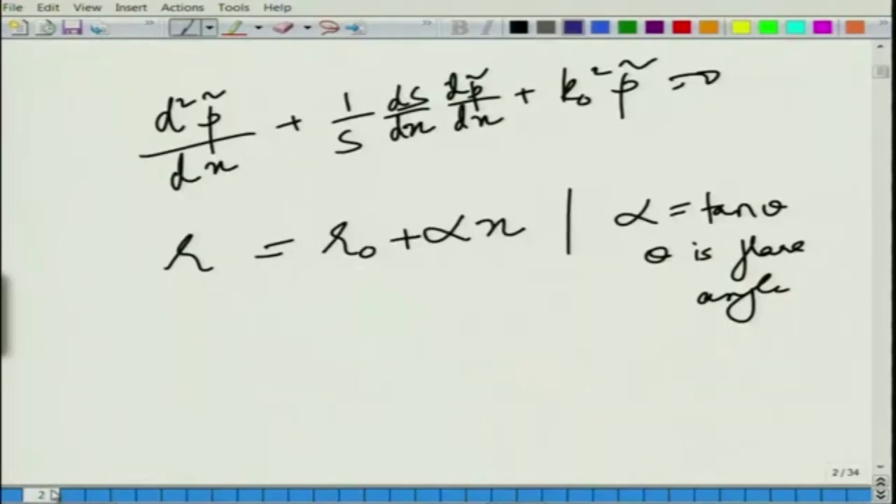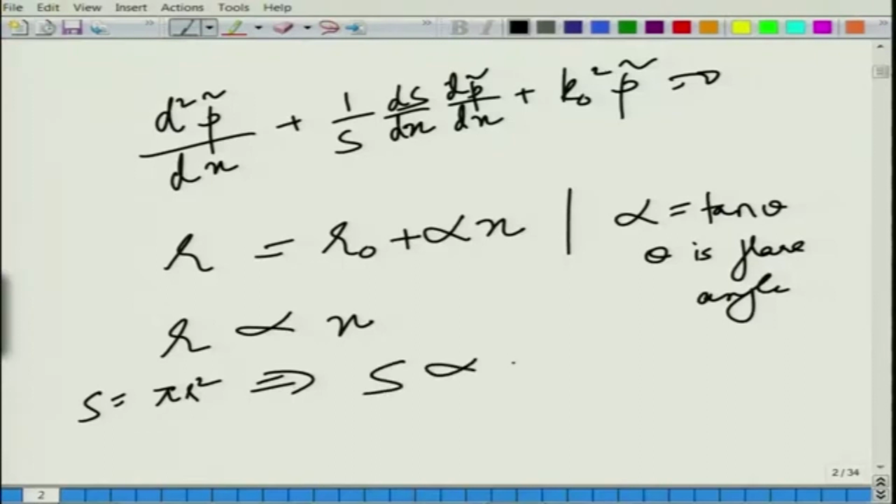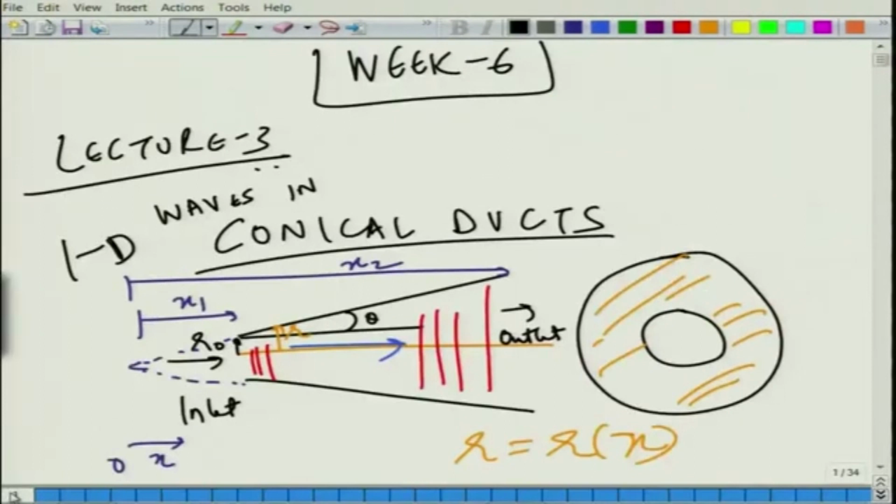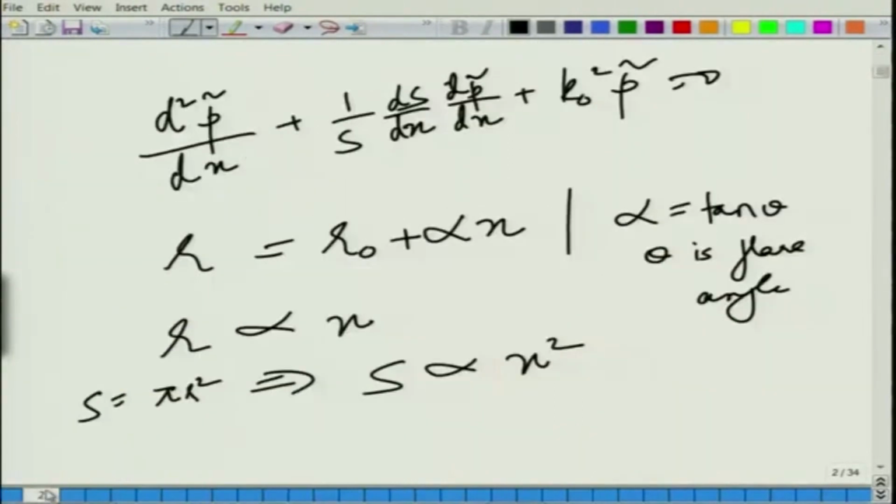In that case I would write the radius to be directly proportional to x, that is, the radius is increasing with the axial distance x. Since area is pi r square, that would mean that S is proportional to x square also. The cross sectional area is proportional to the square of the distance from the hypothetical apex, let us say O. So, what will this imply?